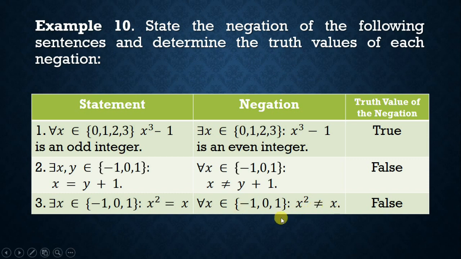To evaluate the truth value of this negation, we simply evaluate x squared not equal to x at each given value of x. Since the negation fails when x equals 0, therefore the truth value of the negation is false.